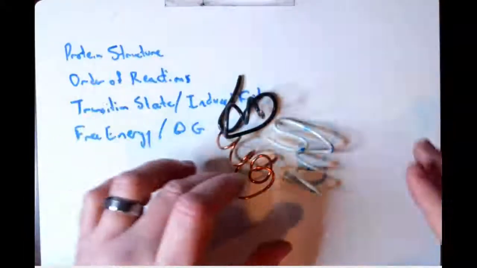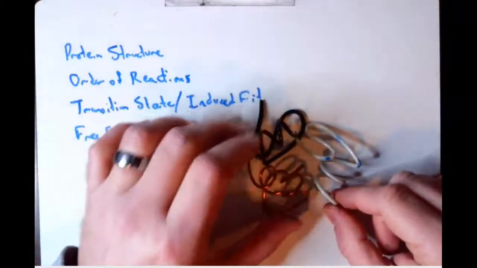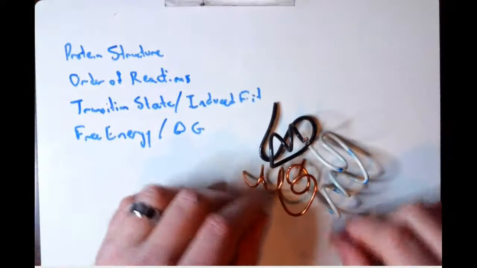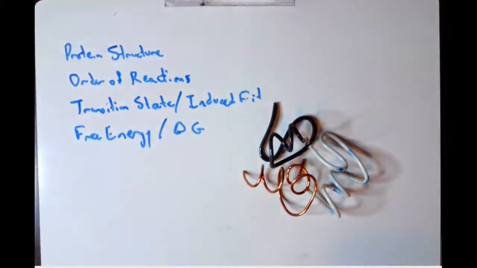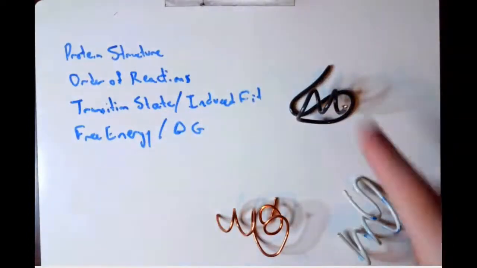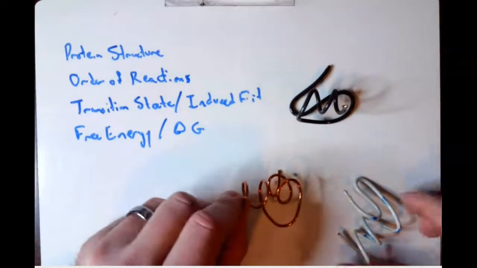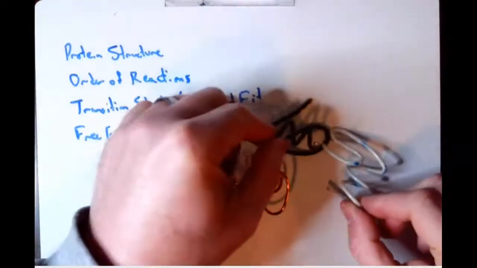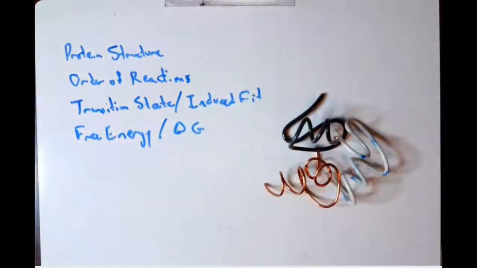This whole thing is called a protein, made up of 3 distinct polypeptide chains, but this is the protein. But this protein would also be called a complex, and that complex is made up of 3 subunits: copper, white, and black. So this is a subunit, this is a subunit, this is a subunit of the larger complex, and those subunits are held together by non-covalent forces.